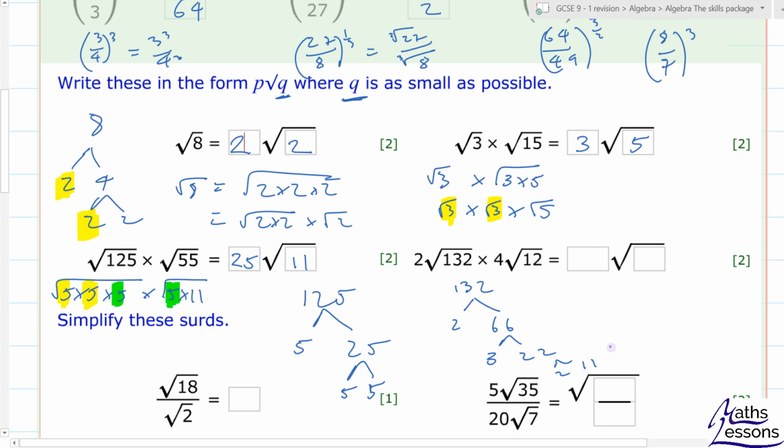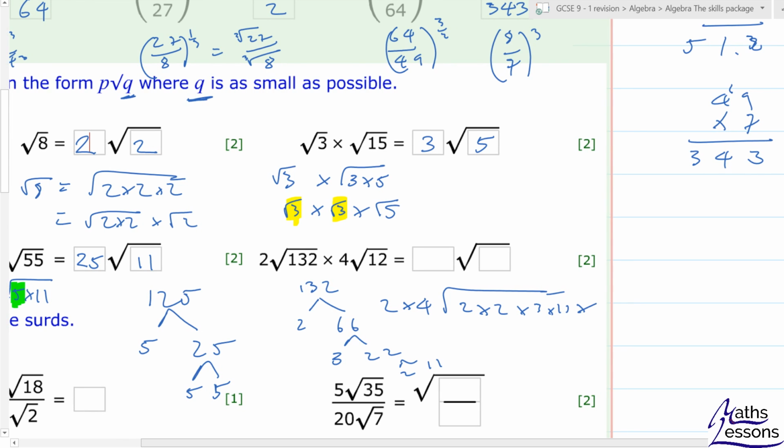So, the square root of 12 is 2 times 3, so we can write this, do the 2 times the 4 together, then we've got the square root of 2, another 2 here, times 3, 11, times the square root of 12, another 3.